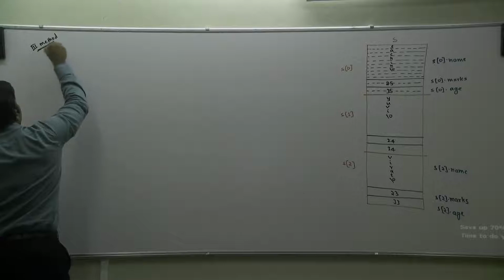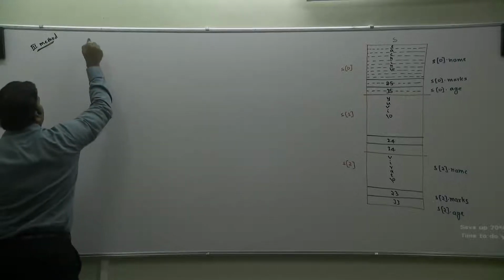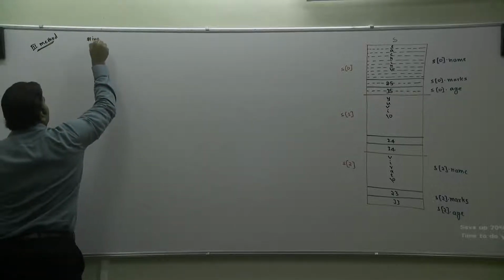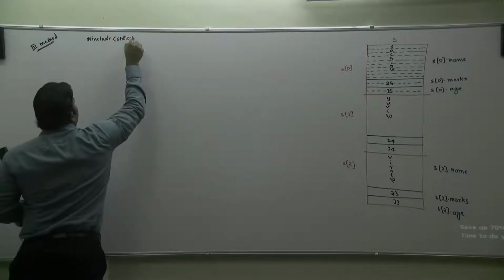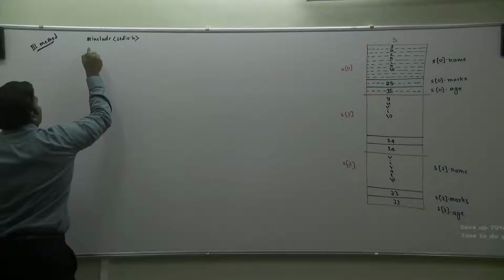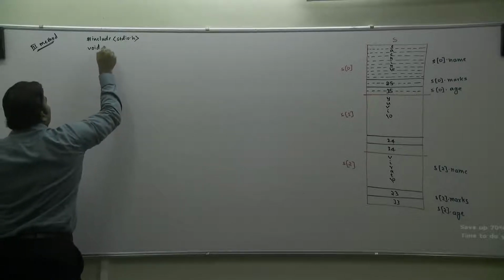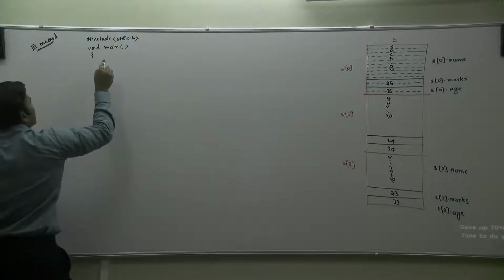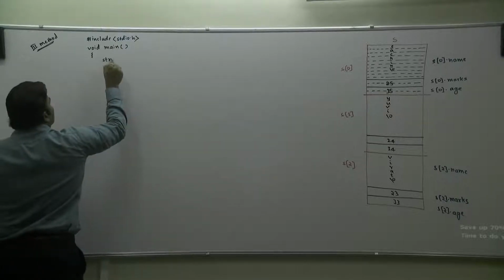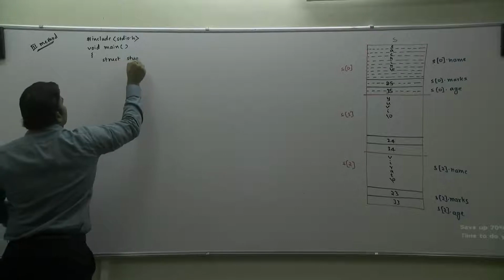In this, I would begin by telling #include stdio.h. After that, it is void main. In the main function, first I will create one structure called student.